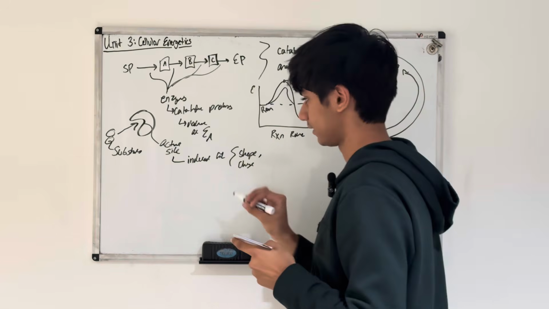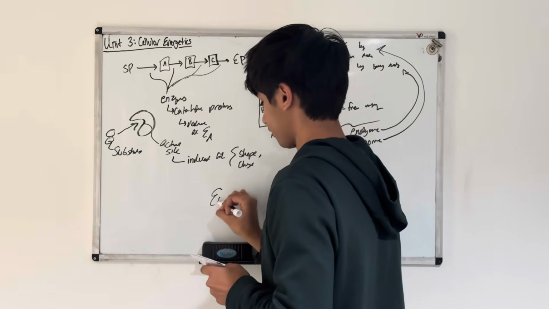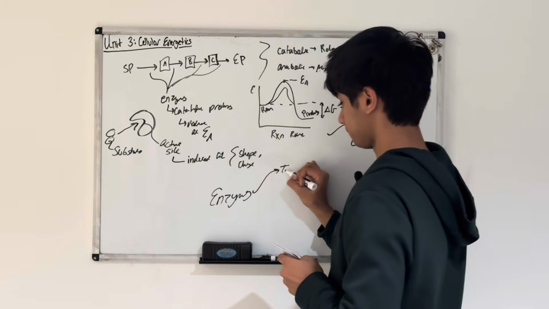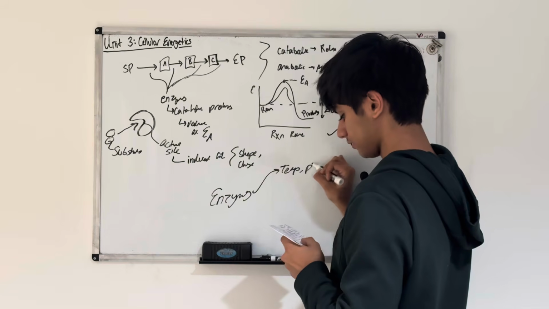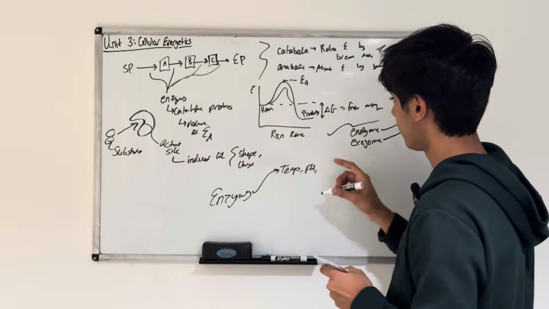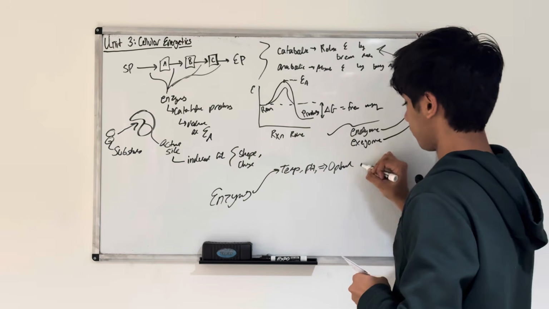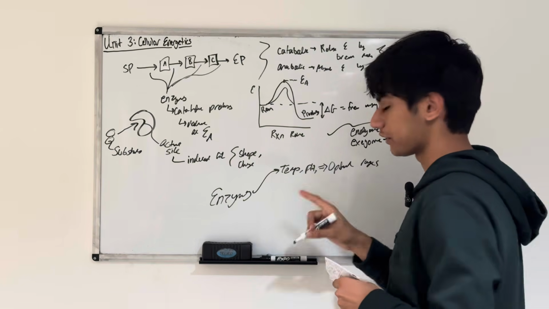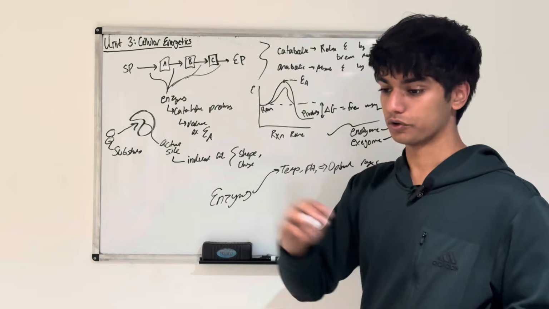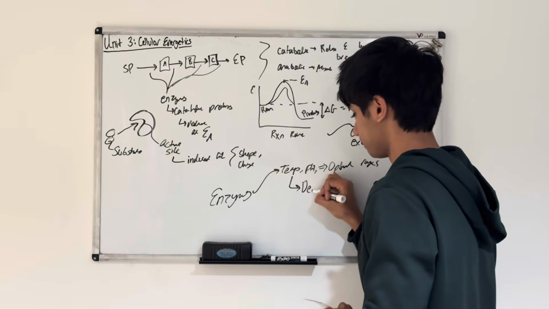So what affects the efficiency or the rate of reaction? What affects enzymes, which then affect the rate of reaction, are temperature and pH. For temperature and pH, there's an optimal range for enzymes to work. Outside of this optimal range, if we deviate from it, if the temperature is too hot or too cold for that specific enzyme, we get denaturation.